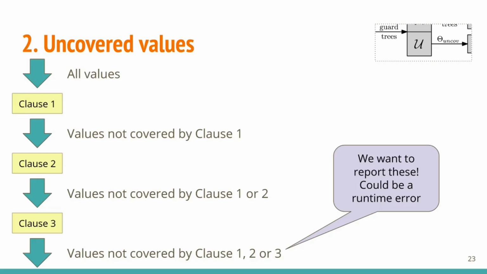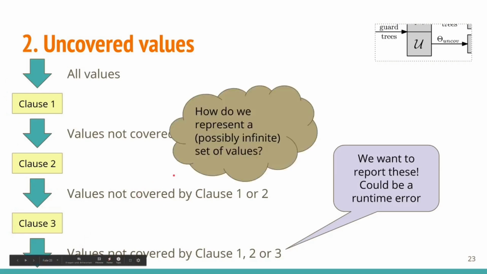Alright, next up, characterizing the set of uncovered values that we can report uncovered patterns for. We compute the set by gradually refining the set of possible values as a fraction of them falls through from one clause to the next. How do we represent such a set with possibly infinitely many values?